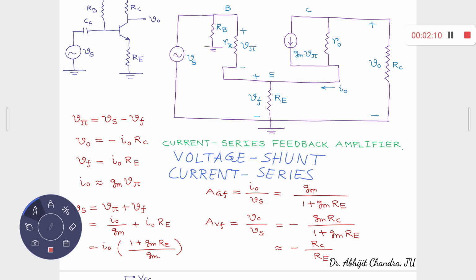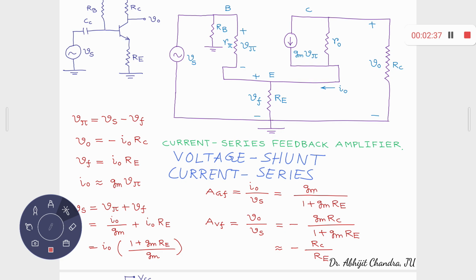So you know that for sampling, we have identified voltage sampling as well as current sampling. We have already identified how to gather this signal. Similarly, how to feed it. Series, shunt, both we have discussed. So we have discussed how to sample voltage.